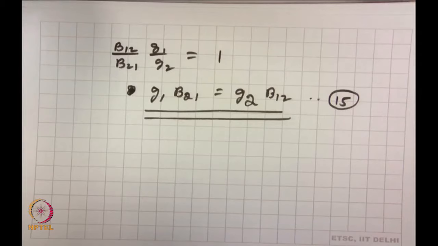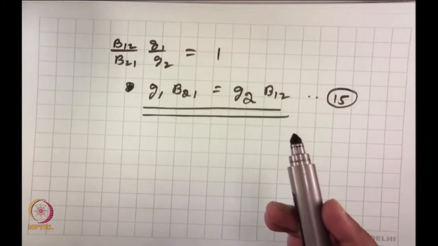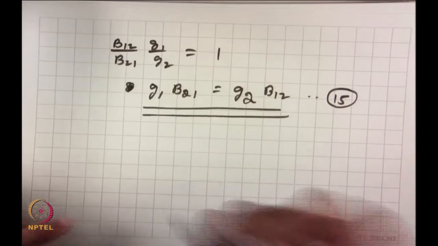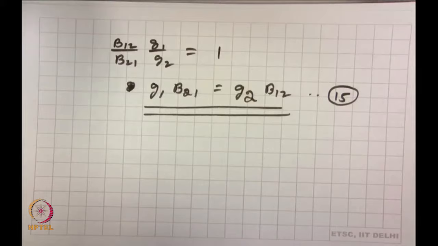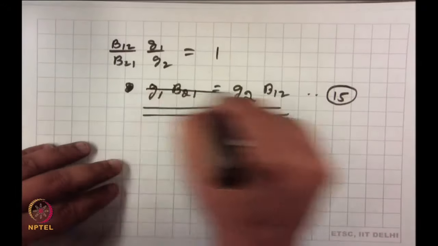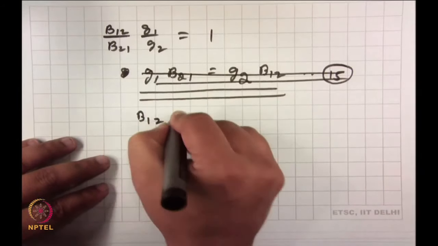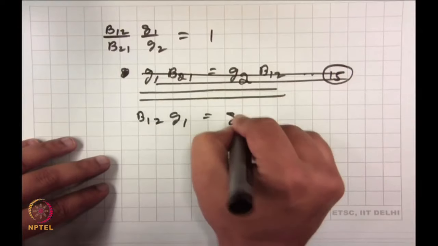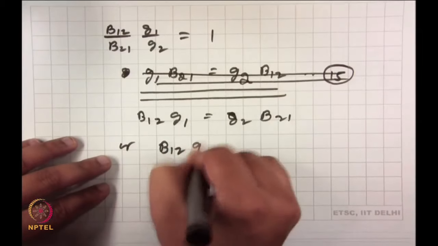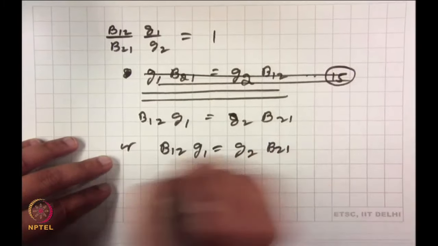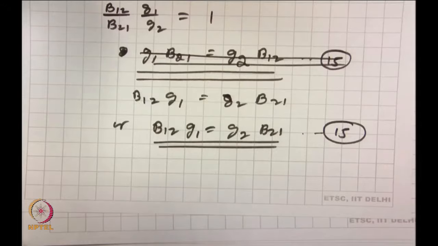So then B12 times g2, right. My bad. B12 times g1 is equal to g2 times B21. This is what you are saying, right? B12 times g1 is equal to g2 times B21, right? Okay. So that is one.